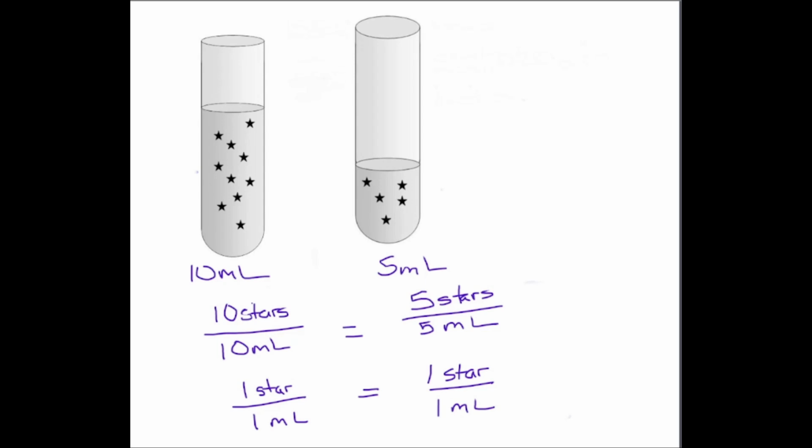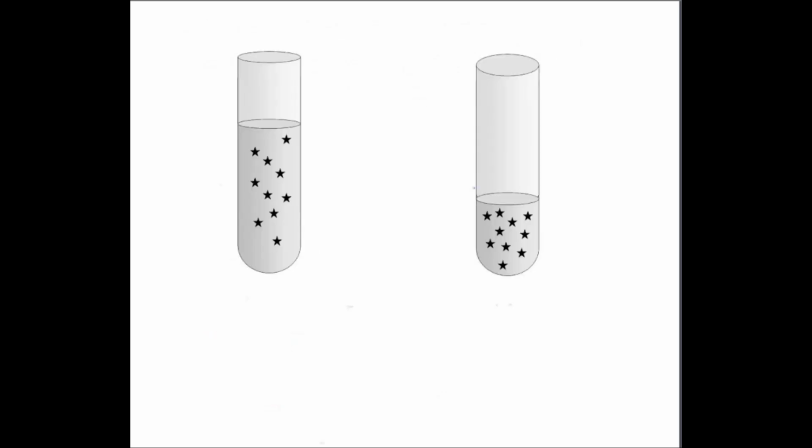All right, so let's go to another example. Okay, here we have 2 more tubes. This one has, again, 10 mils of volume. And this one has 5 mils of volume. If you count the stars, 1, 2, 3, 4, 5, 6, 7, 8, 9, 10. 10 stars in 10 mils. This has 10 stars also.